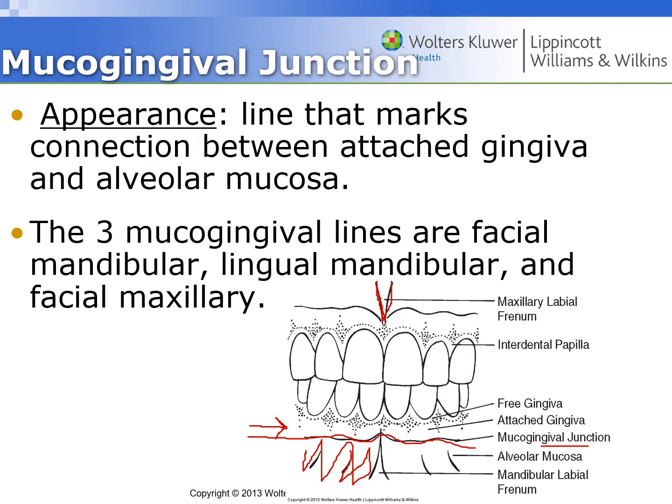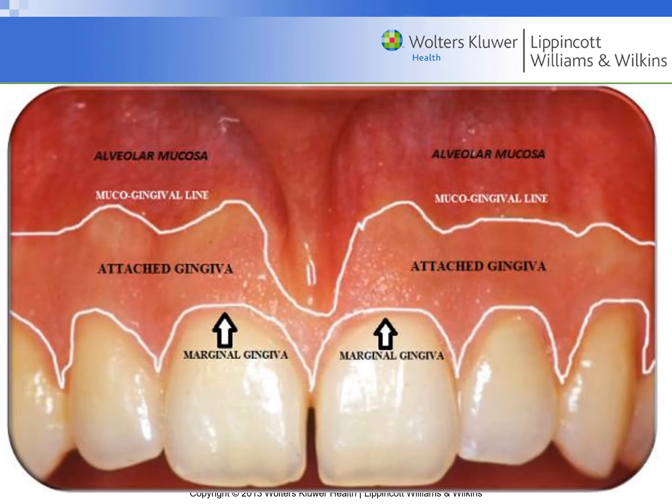It's called stippling, and it always was a sign of health. So here you can see it too. It looks like an orange peel. So here's your marginal gingiva, this white line, and then you have all this attached gingiva, and as you can see, it's not just one line.